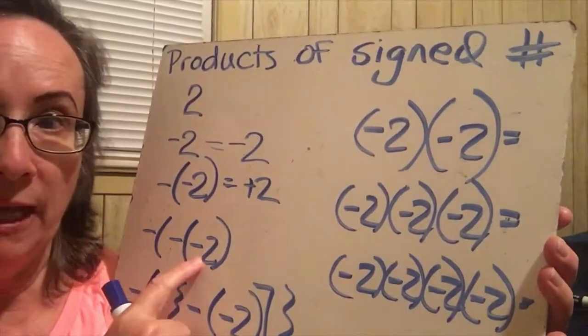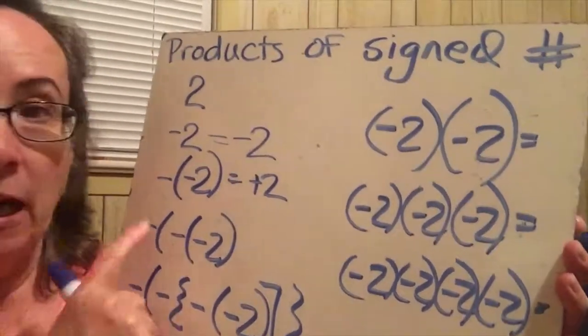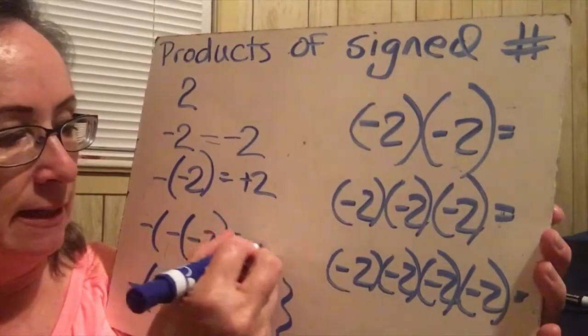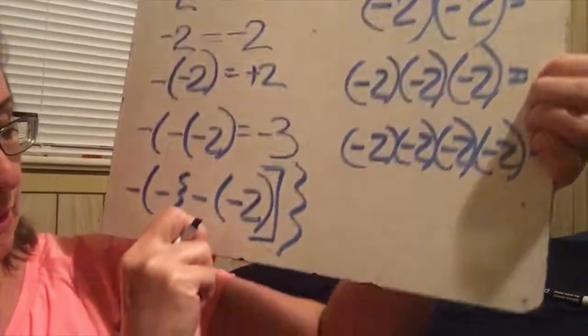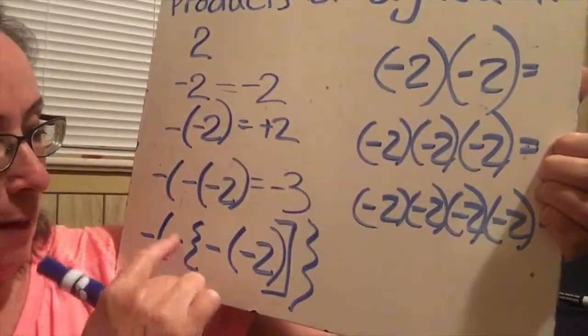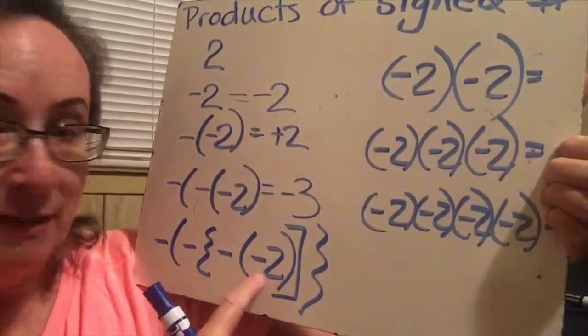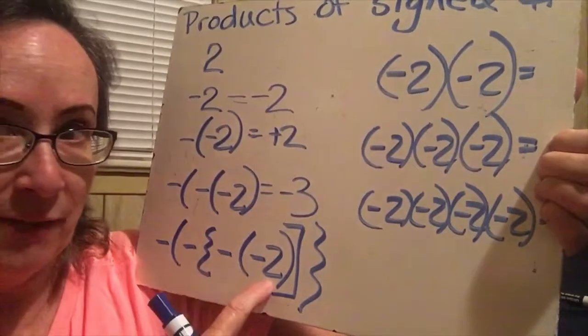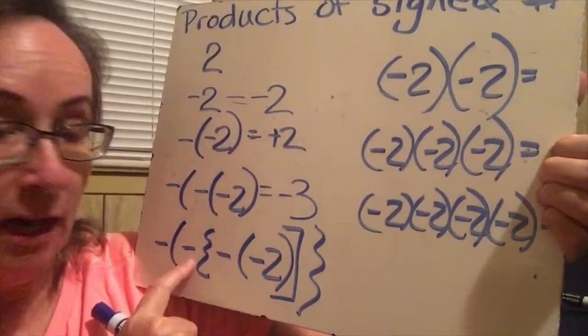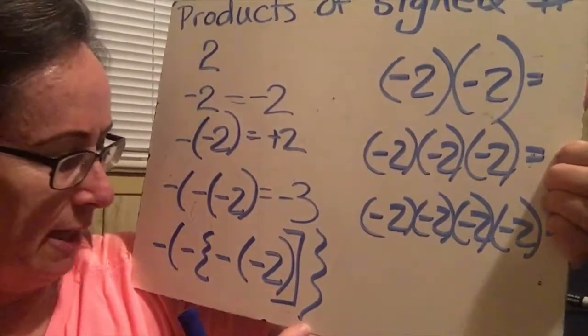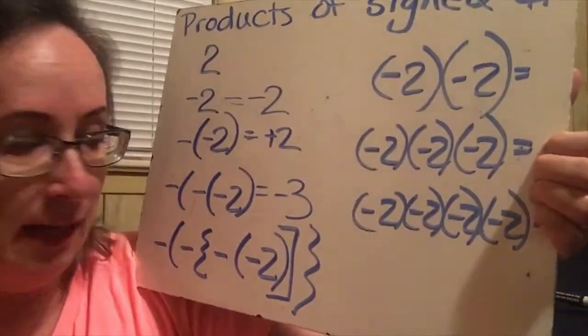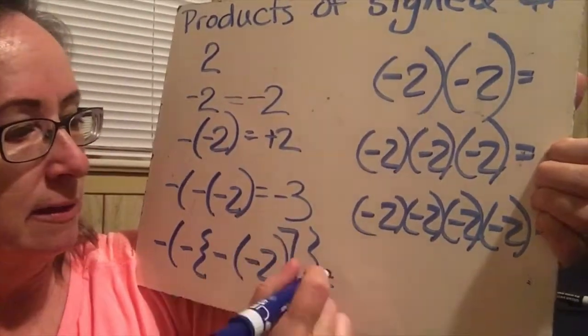So the opposite of a negative 2 is positive 2, and then the opposite of that is a negative 2 again. And then down here we have the opposite of the opposite of the opposite of the opposite of 2. So negative 2, and the opposite of that is positive 2, and then the opposite of that is negative 2 again, and then the opposite of that is positive 2 again.